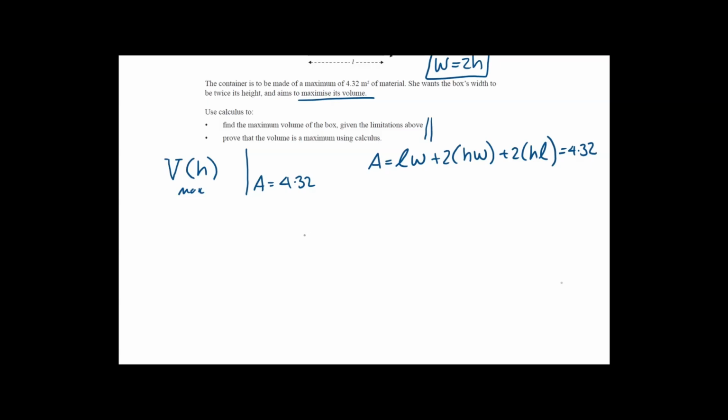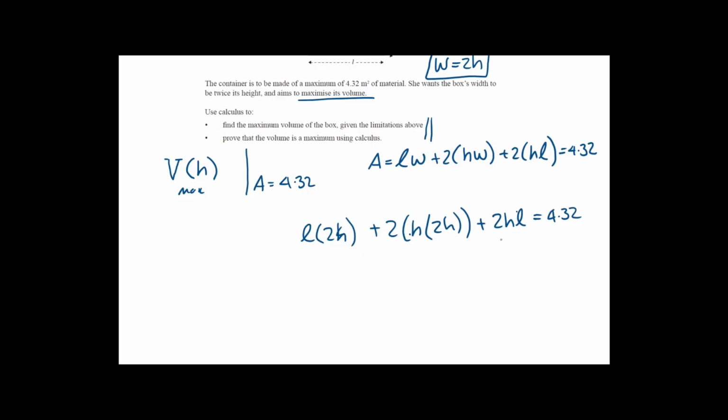So it's going to be L times 2H plus 2 times 2H, in brackets 2H, yes, plus 2HL, and that's going to be equal to 4.32.